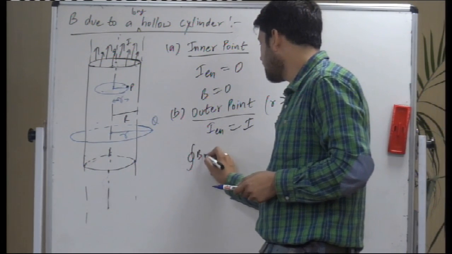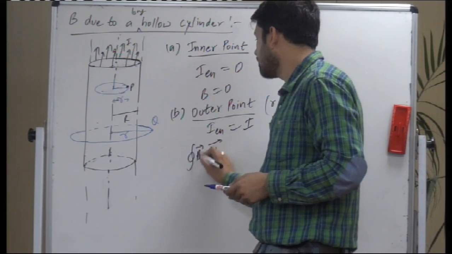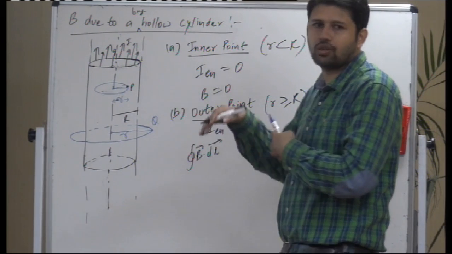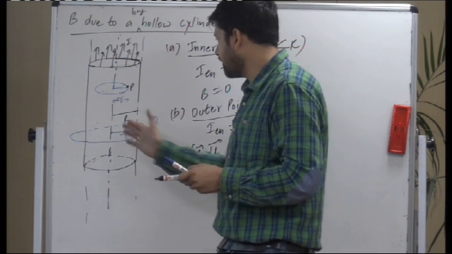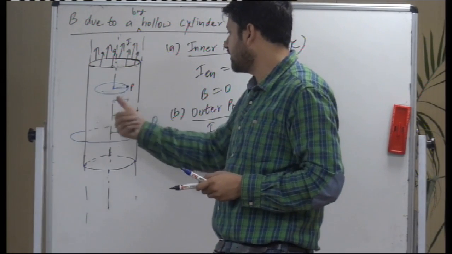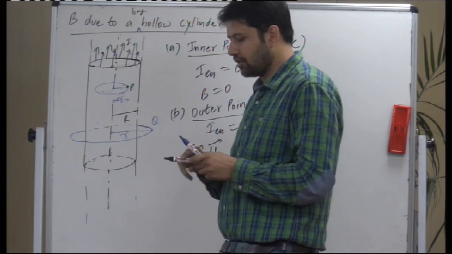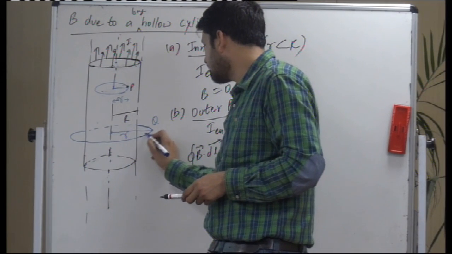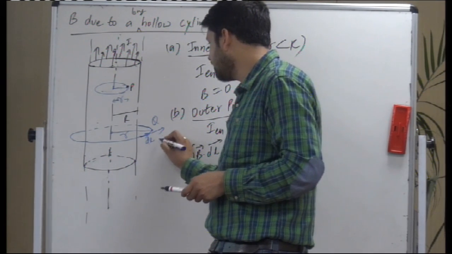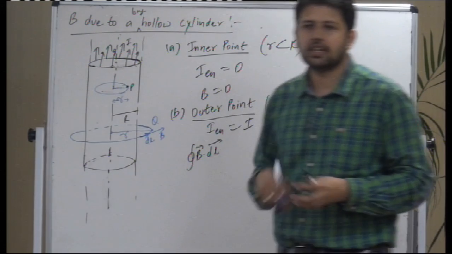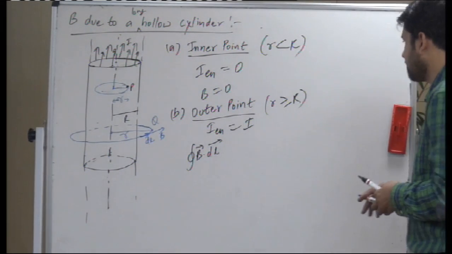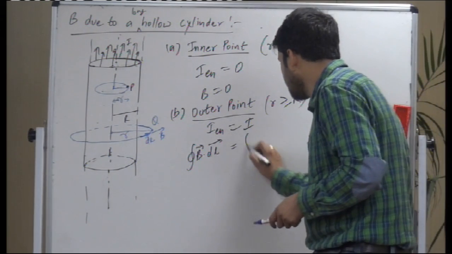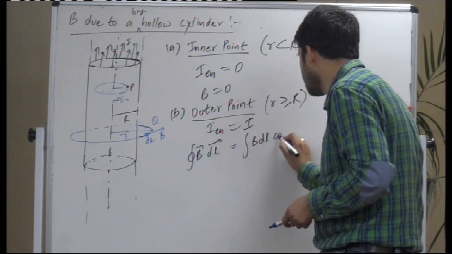So it is B dot dl. For the whole of the portion, the field would be like this. Current is going up, the field is clockwise. So if you take dl as this, obviously the magnetic field would be parallel to dl, so the angle would be 0. I'll write this as B dl cos 0.